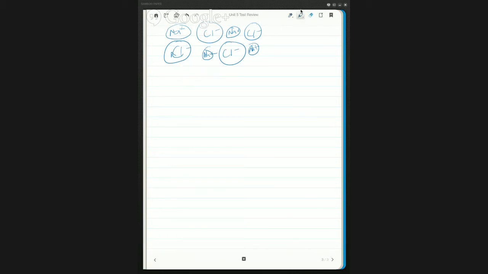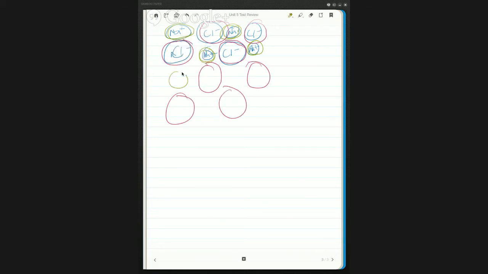Maybe draw them somewhat. You know what I should do, actually? We'll make the green ones the Na. Make the red ones be Cl minus. I mean, this is a lattice right here. Okay, and then if you are a metal, let's do purple.